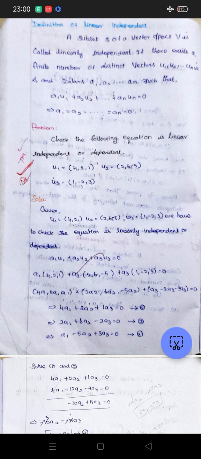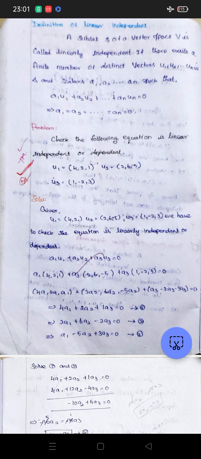Solution: given u1 is equal to 4, 2, 1 and u2 is equal to 2, 6, minus 5 and u3 is equal to 1, minus 2, 3. We have to determine whether they are linearly independent or dependent.